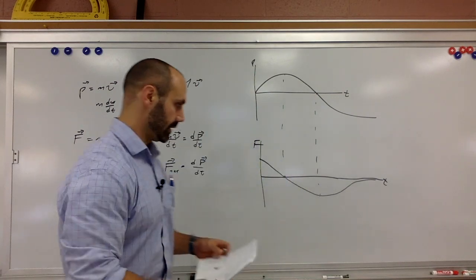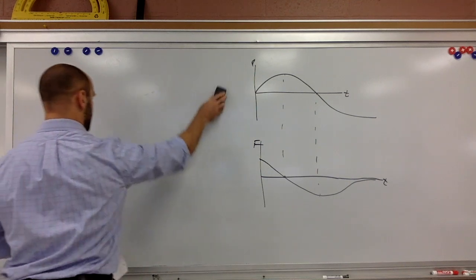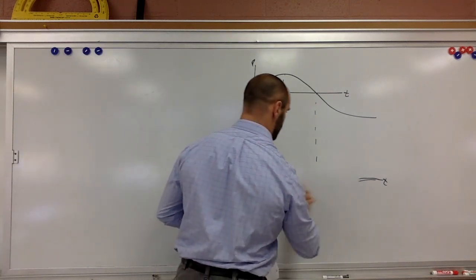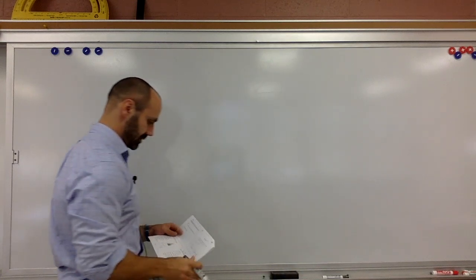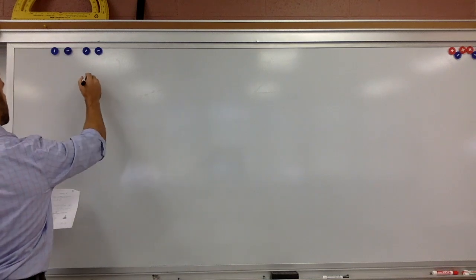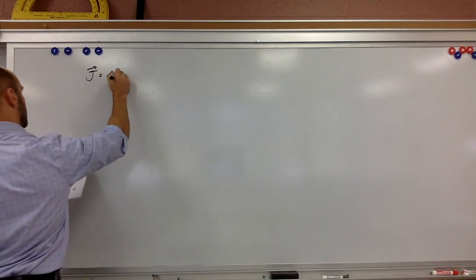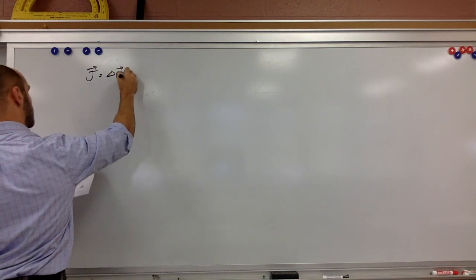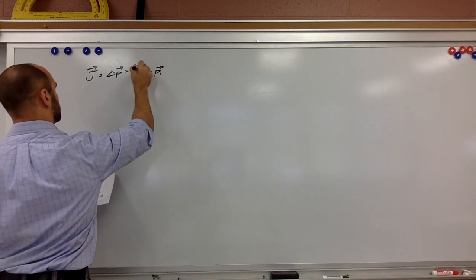Impulse. I don't know what letter you've used in the past for impulse, but in this class, we're going to be using J. And J is not terribly uncommon to see. It's just sometimes not introduced in introductory physics because it's a little confusing. Impulse is interesting, and it can be really confusing because it has its own name.